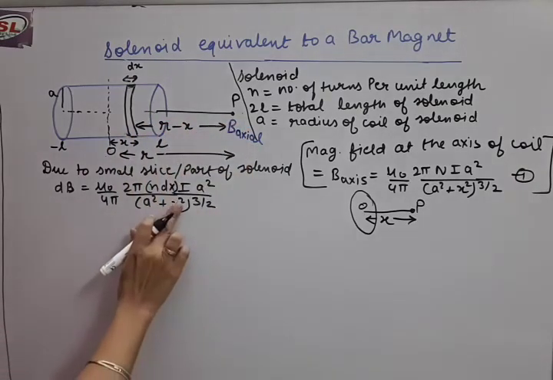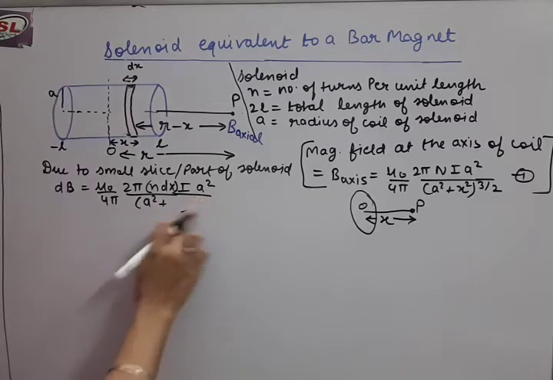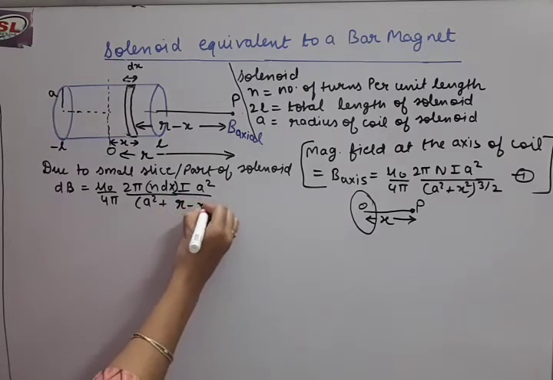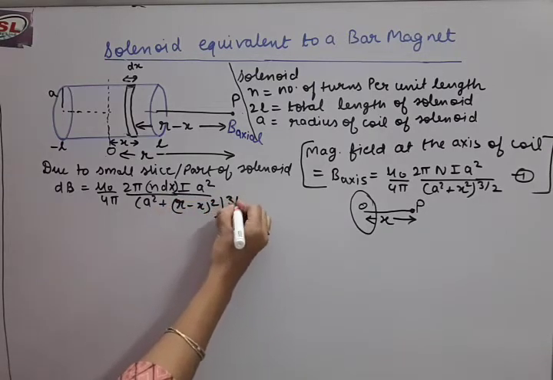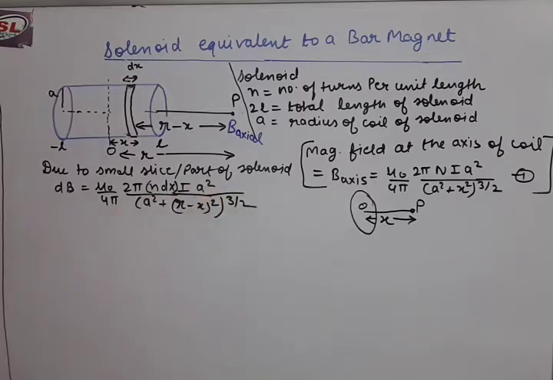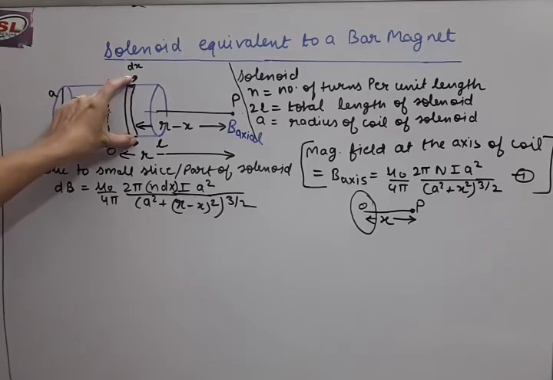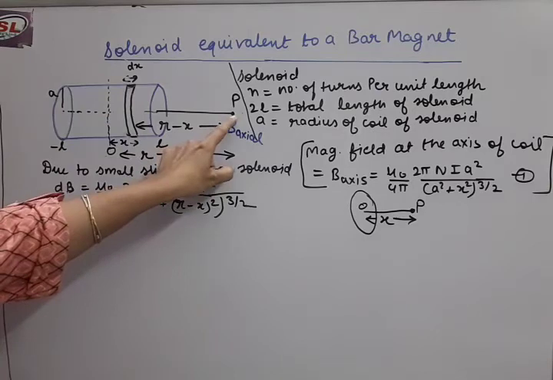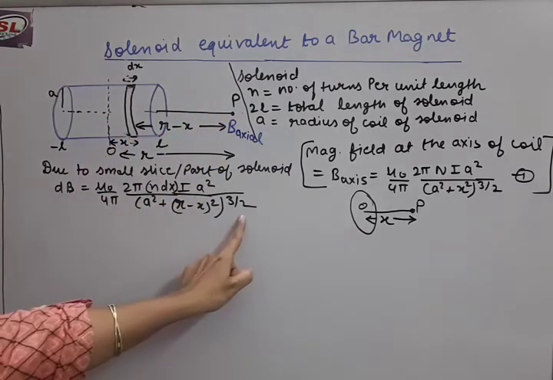We need to put r minus x in place of x here, and the power 3 by 2 continues. This way we have prepared the formula of the small magnetic field dB due to this small part of the solenoid, shown in black color.